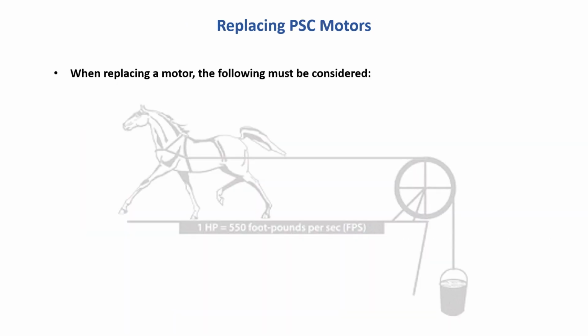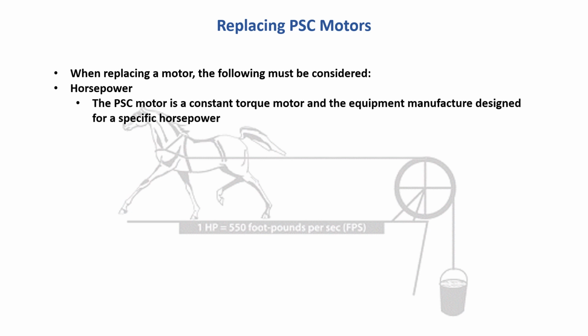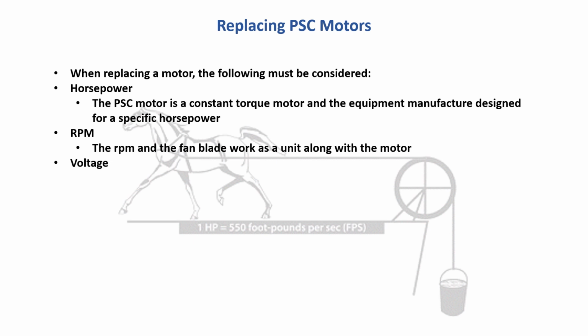When replacing a motor, the following must be considered. Horsepower. The PSC motor is a constant torque motor and the equipment manufacturer designed for specific horsepower. RPM. The RPM and the fan blade work as a unit along with the motor. Voltage. The voltage should match the system voltage. Capacitor.